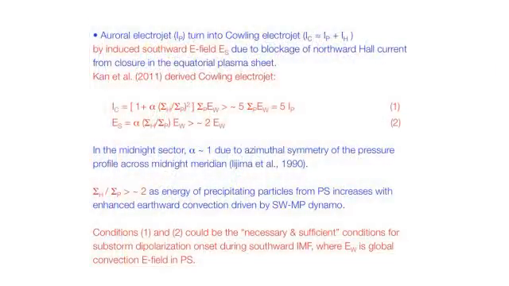So the important thing is that you need to have this earthward convection at enough speed, between 10 and 20. That'll give you a decent overall conductance with sufficient energy in the plasma sheet to produce what you need to make the Cowling electrojet go over 5 times the Pedersen current. The Pedersen current is driven by the original convection electric field.